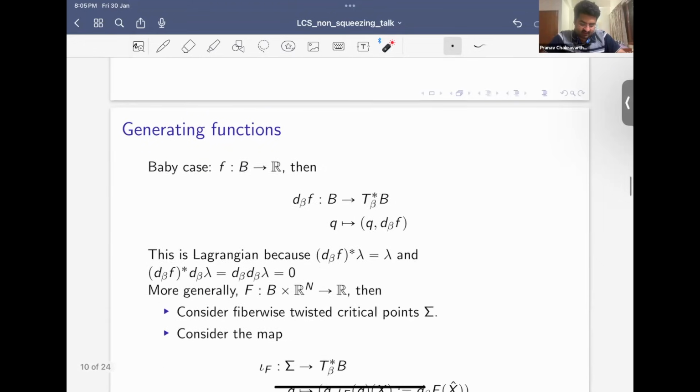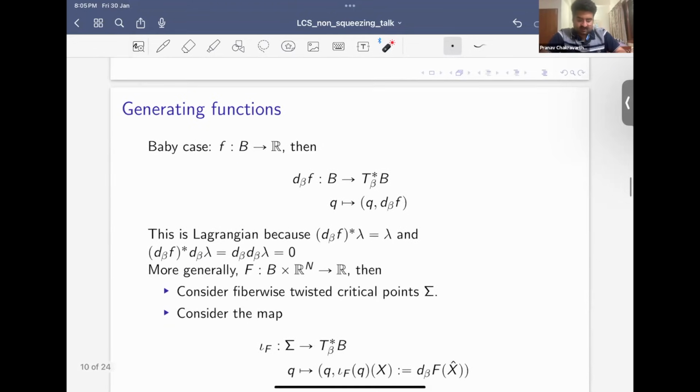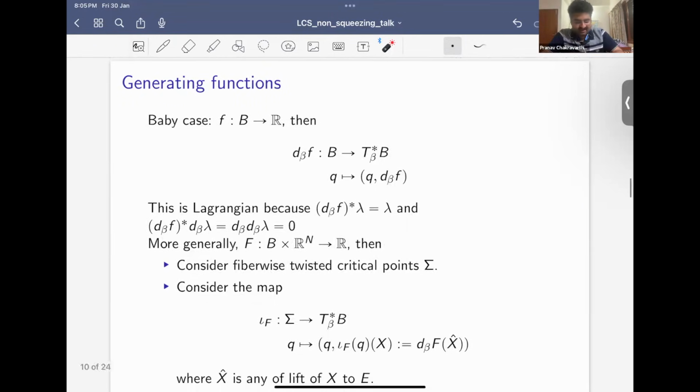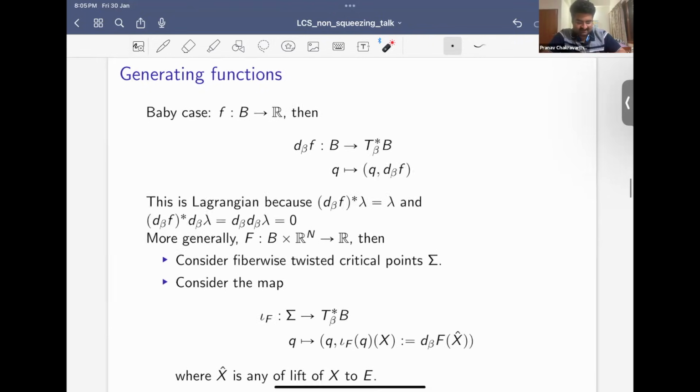Okay, and so once you have Lagrangians in a cotangent bundle that are Hamiltonian isotopic to the identity, it's natural to ask if they can be realized by a generating function. And indeed, that's the case here.